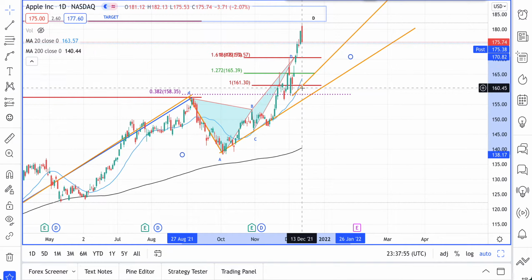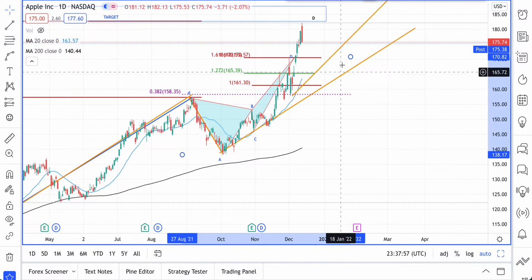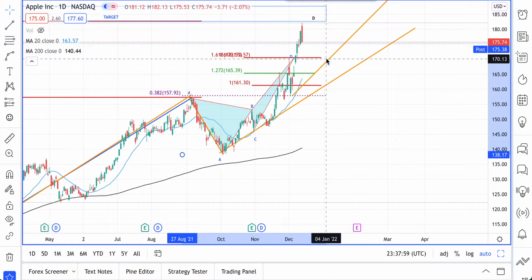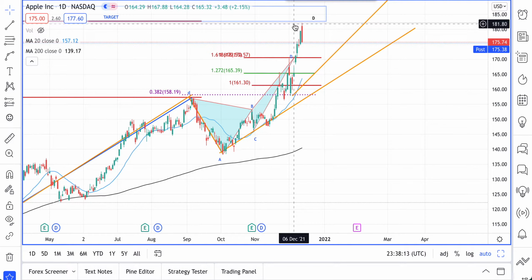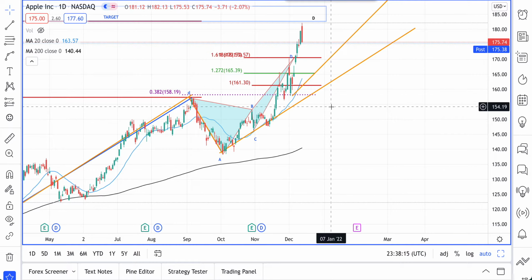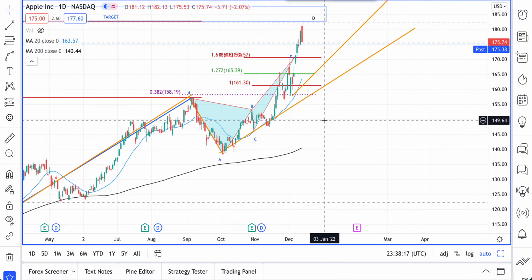If it is going to be a shallow retracement, then we were looking at this 38.2% retracement, and that would mean it's a strong trending market, and the move off of it would be quite strong. The other point was that perhaps it will retrace a bit further and go down to about the 61.8% retracement level, which was coming at around 150.